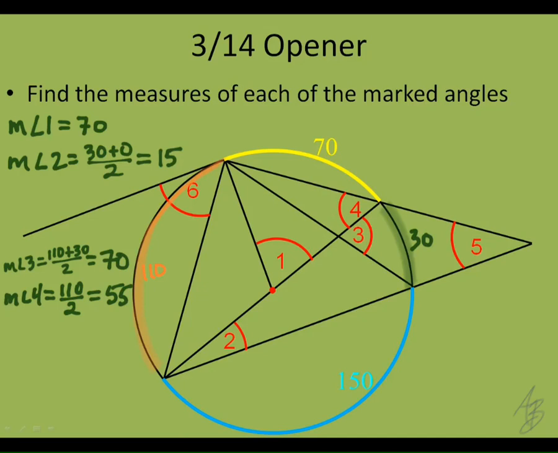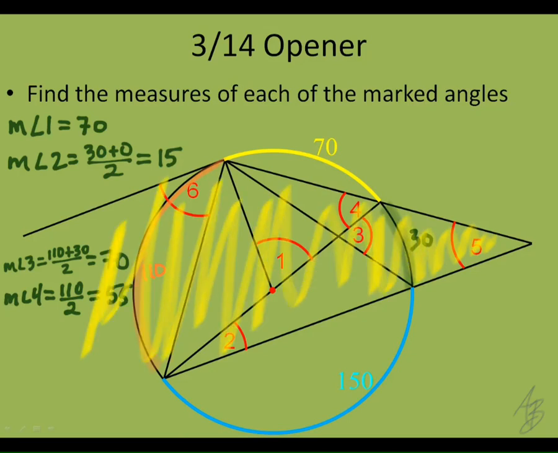Okay. Angle 5 is what kind of angle? That is exterior. So both of the intercepted arcs are going to be on the same side. Shading in that angle there, what are the two intercepted arcs going to be? 30 and 110. Because of the counterclockwise direction, one of those is going to be negative.